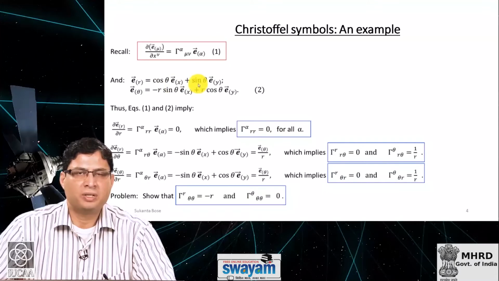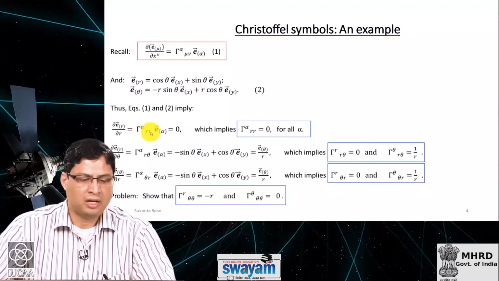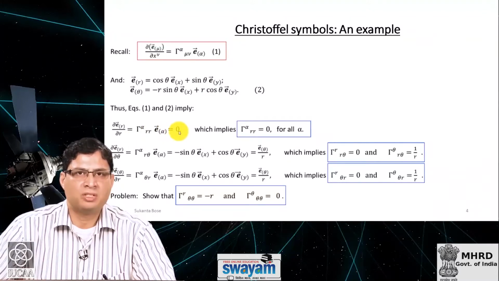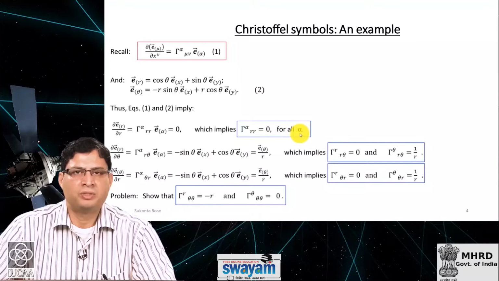There is no radial dependence, which is why the derivative of Er with respect to r has to be 0. Going back to equation 1, you conclude that gamma alpha rr summed with E alpha has to be 0. This in turn tells us that gamma rrr and gamma theta rr both have to be 0. In other words, gamma alpha rr has to be 0 for all allowed values of alpha, which are just r and theta in this simple example.